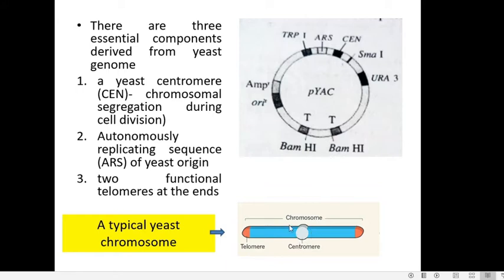As you can see, this is the centromere and here are the telomeres at the two ends. So if you cut this vector here, one T will go to this side, the other T will go to this side. This will appear linear, CEN in the center. So it will typically behave like a chromosome. So these are the three main sequences which are derived from yeast genome. They are the CEN, the ARS and the telomeres.